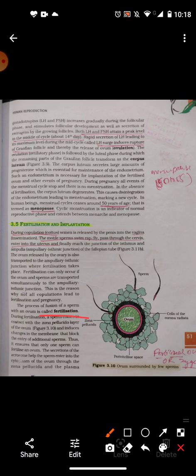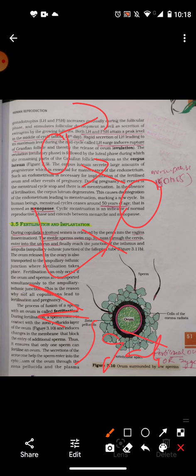So fertilization is the fusion of male and female gametes and the formation of a diploid cell called the zygote, that is 2n. This is the definition of fertilization.